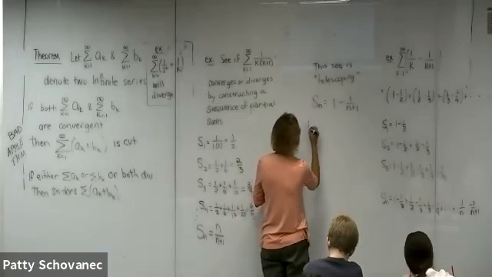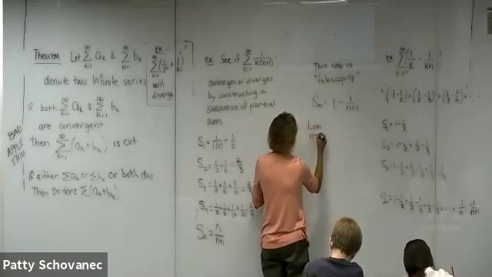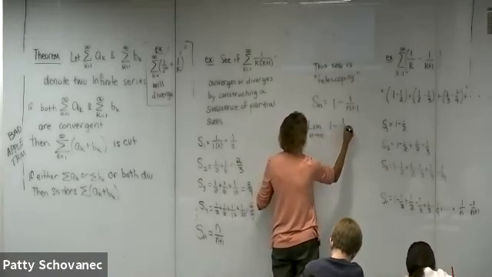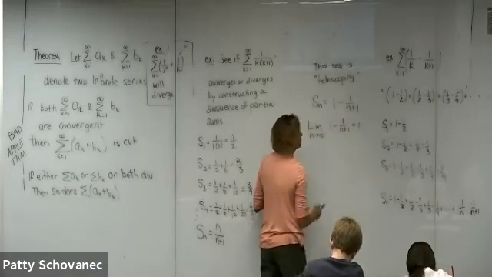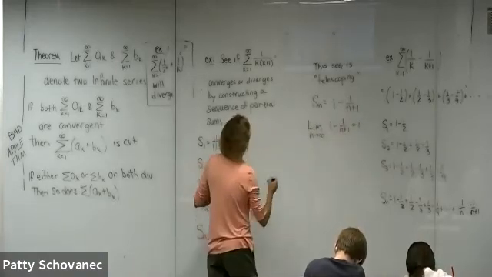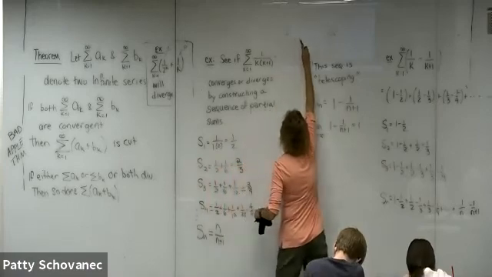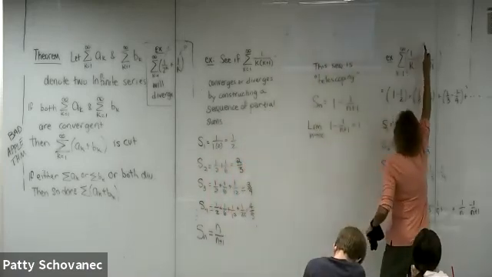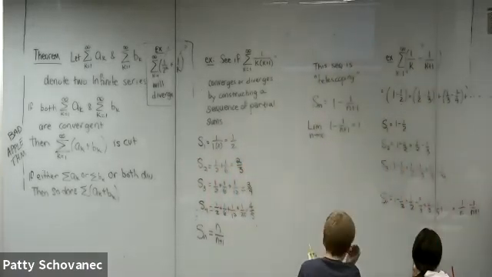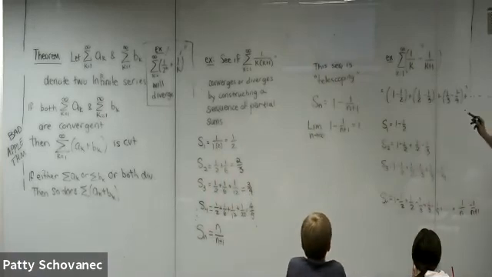And it has a limit as n goes to infinity, which is 1. And so the trick was that this is that. Get the common denominator and it simplifies to that. So do the partial fractions and it simplifies to that.